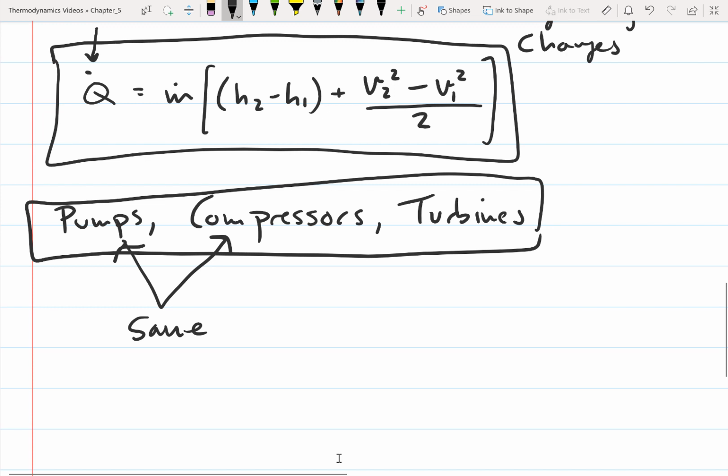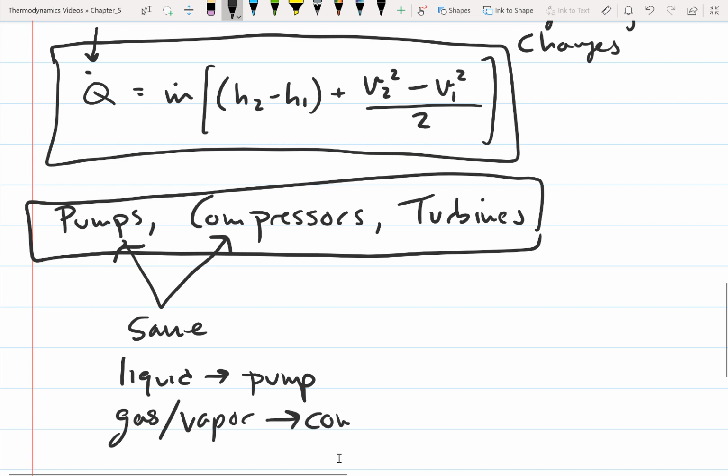So if you have a liquid, you'll refer to this as a pump, and remember, a pump increases the pressure of your fluid. So it does work on your fluid and it adds pressure. A compressor is for a gas or a vapor, so for a gas or a vapor, we're going to refer to this as a compressor.